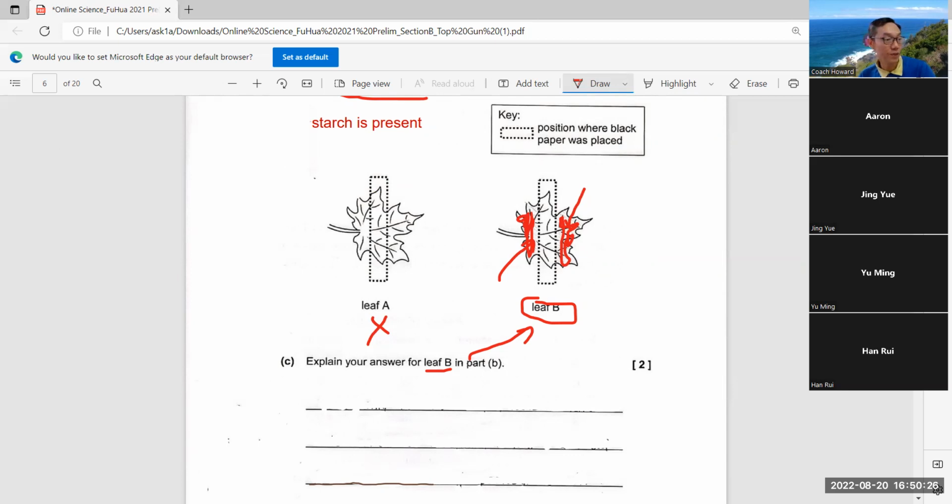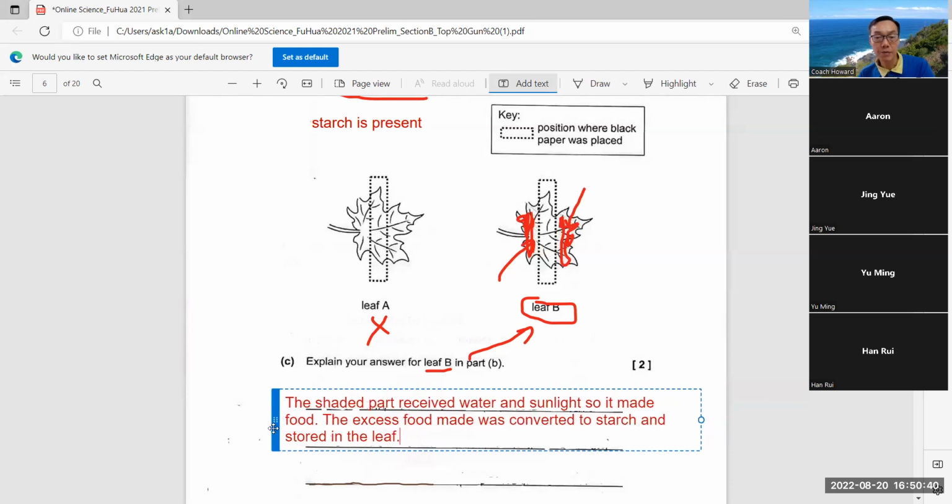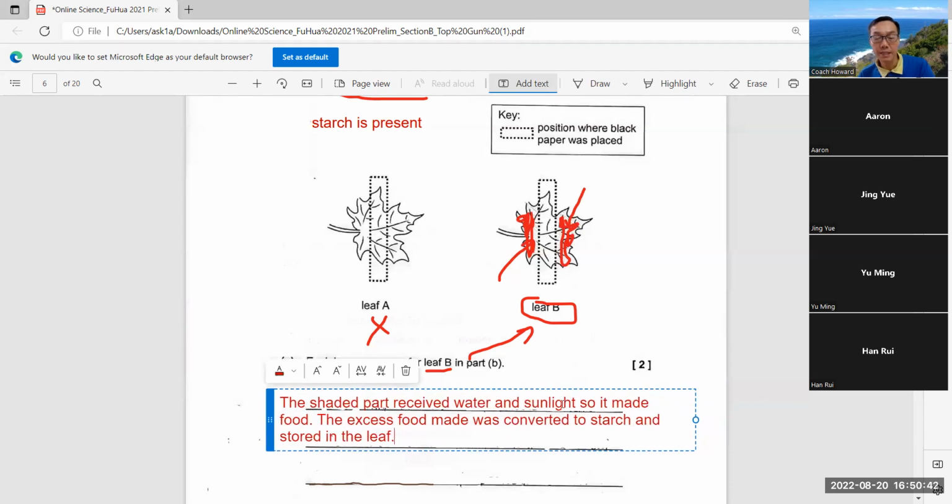Explain the answer for leaf B. Let me edit the answer slightly to make it more complete. For this question, you say that the shaded part received water and sunlight, so it made food. The excess food made was converted to starch and stored in the leaf. Then you add in one more statement.